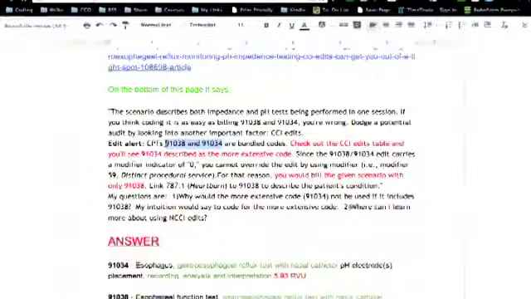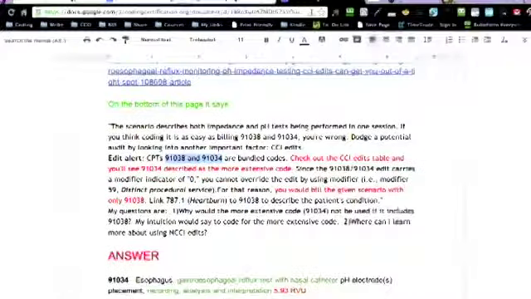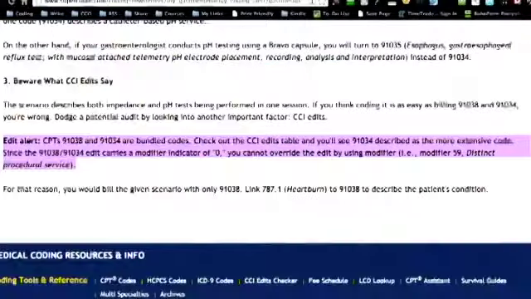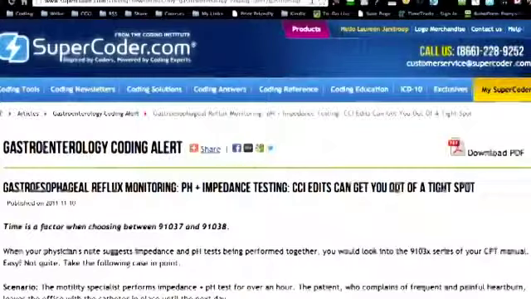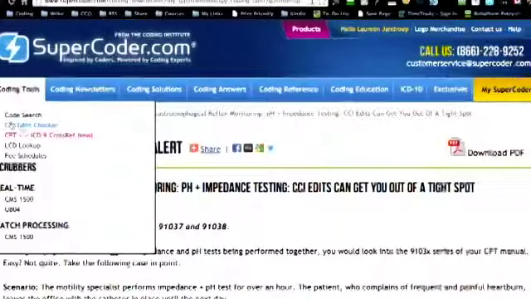So what I want to do is show you how I do CCI Edit research for myself to see if there's a bundling issue and how I choose which code to report. So I'm going to grab these 2 codes and go back to my SuperCoder. And up on the top, when you pay for this, you'll get things like the CCI Edit Checker.